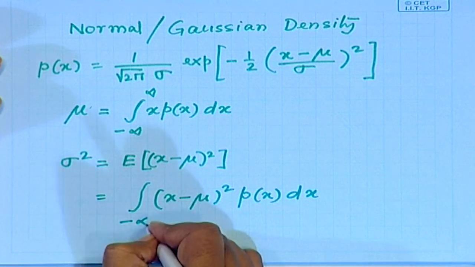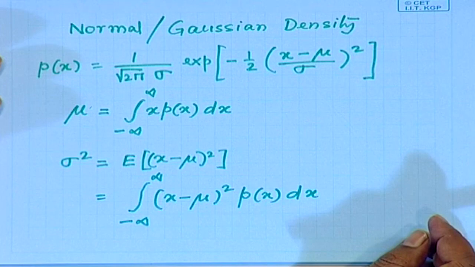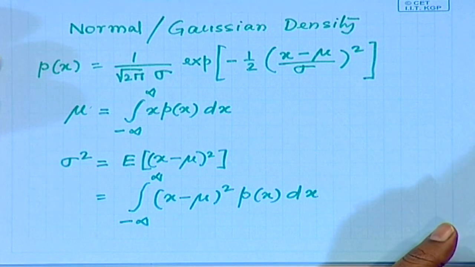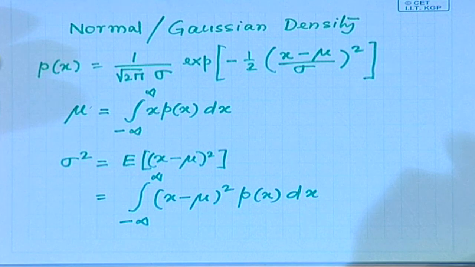Again you take the integral from minus infinity to plus infinity. So this is the expression of the normal or Gaussian density in a single variable case.